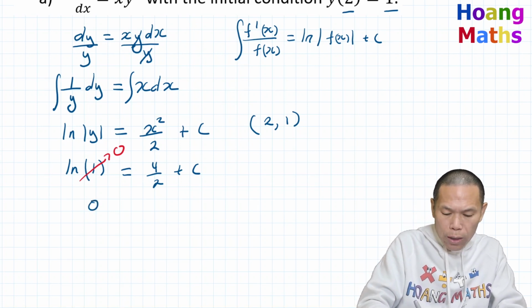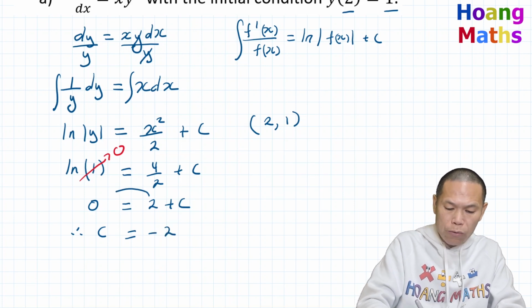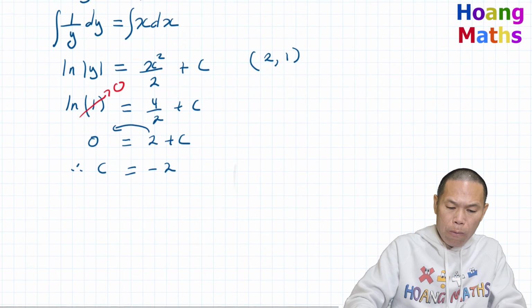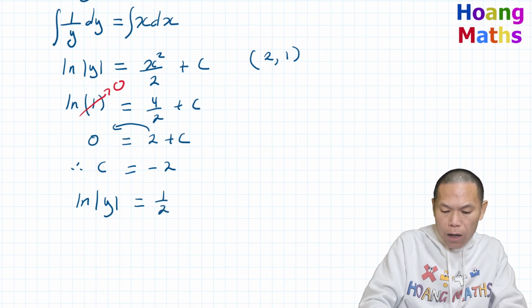So 0 is 2 plus c. Therefore, c is negative 2, because I moved the 2 to this side. So now, ln of y is a half of x squared minus 2.